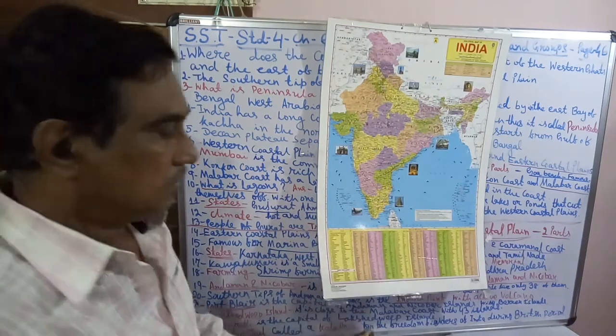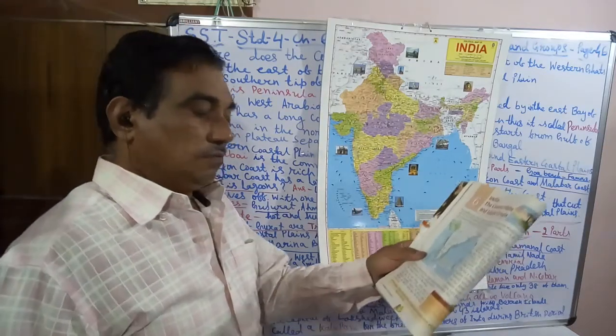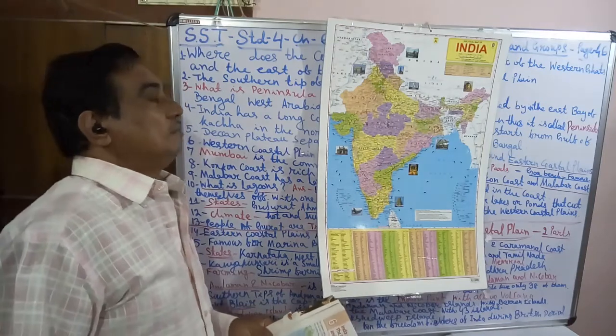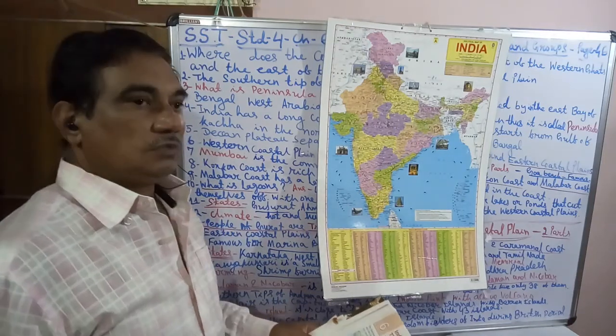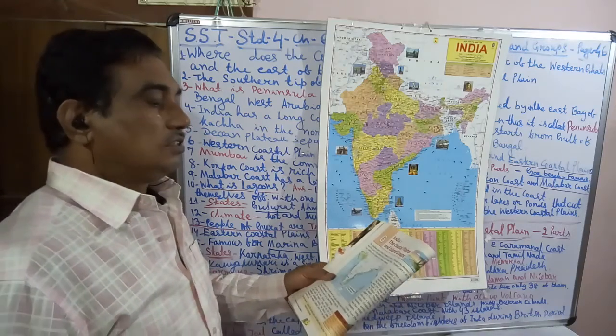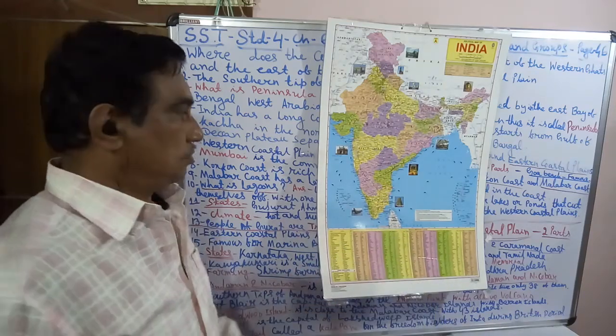So now we'll start. Open page 46. This is the India map. And where are the coastal plains and island groups?